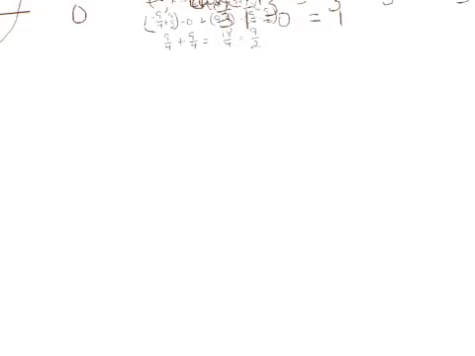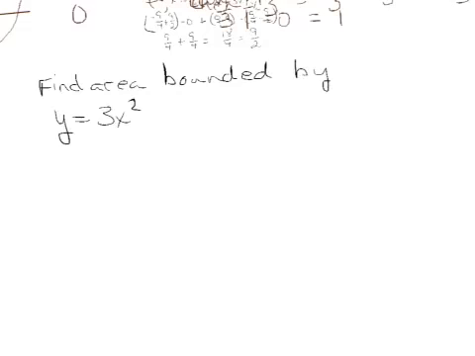And one final problem that we want to work, we want to find the area that's bounded by y equals 3x squared plus 1, x equals 0, x equals 2, and y equals 0.